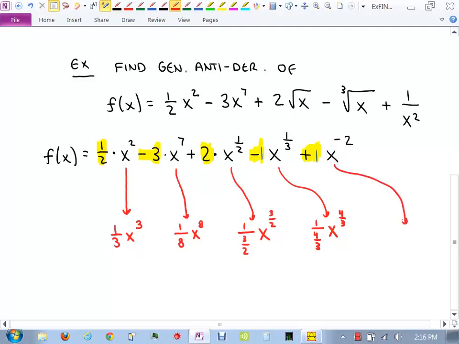What's -2 plus 1? -1. So we get 1 over -1 x to the -1. Now I'm just going to throw all the numbers in front of these: 1/2, and then I had -3, then +2, then -1, and then +1.